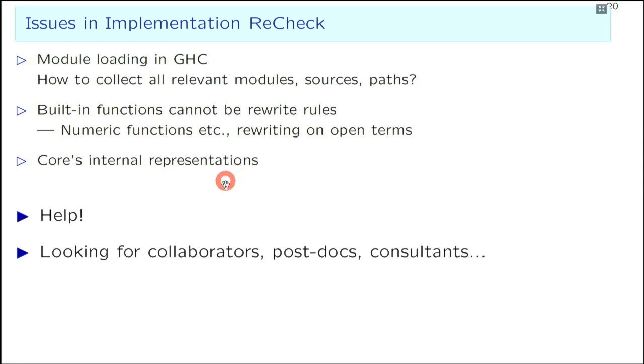In the higher order case, we need higher order unification. And at the level of polymorphism, we also need to take care of unification of polymorphic terms. But technically, these are not so very difficult.